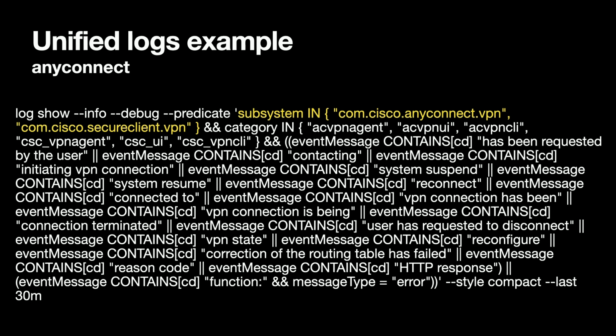We needed to look for AnyConnect and the new Cisco Secure Client, because we were testing that as well to see if it fixed the problem, which it eventually did. And then some of the categories in these logs were very chatty, just generating a ton of data.